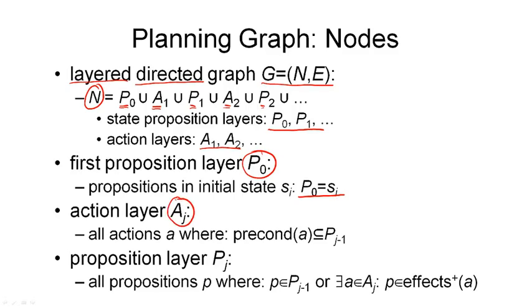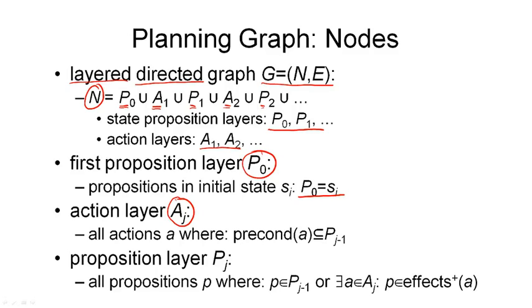So that's not just the action layer A1, but in general the action layer Aj, which follows the proposition layer Pj-1. And effectively, we have in this action layer all the action symbols that represent actions that would be applicable in the preceding proposition layer.